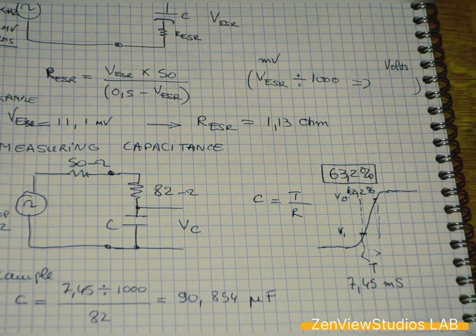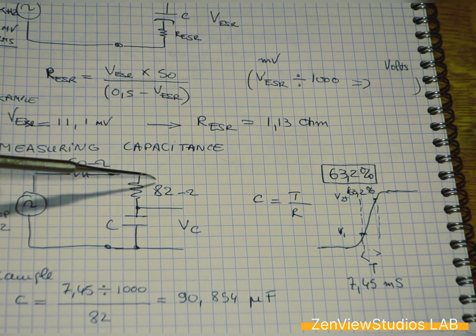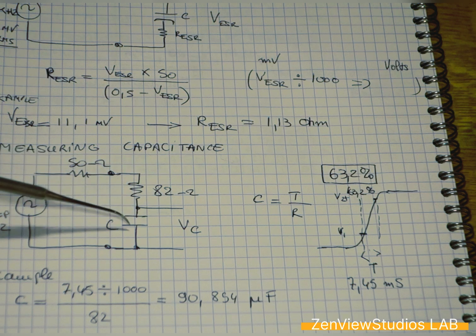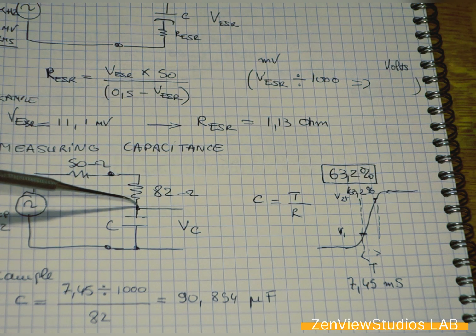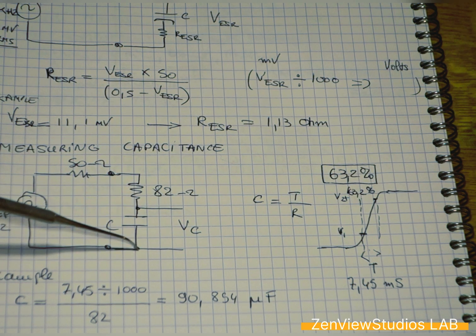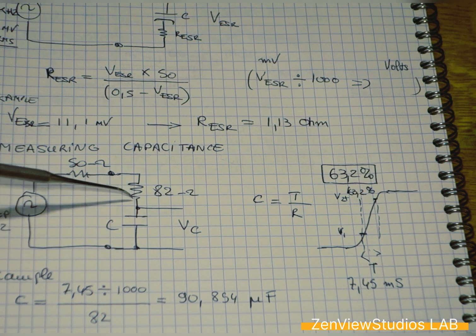Now, as far as the capacitance goes, it's the same generator. This time it's a 10 volt peak to peak at 10 Hertz, always 50 ohm output impedance. And we use 82 ohm, 82 point something ohm that we will measure. And we measure, in fact, the voltage across the capacitor here.